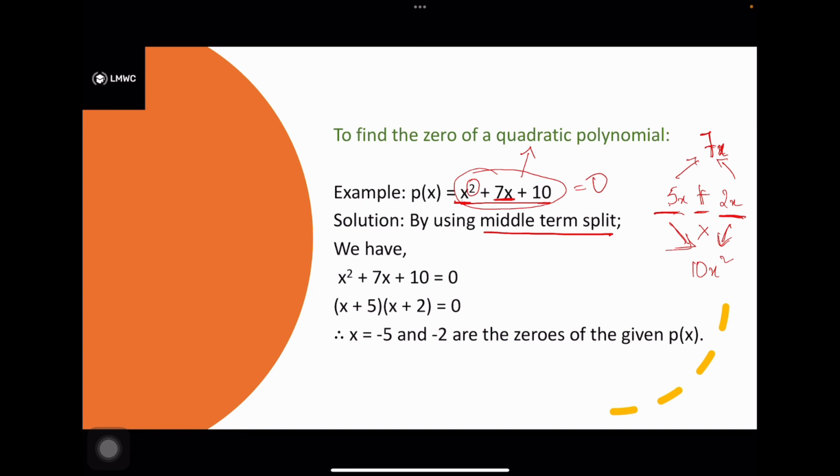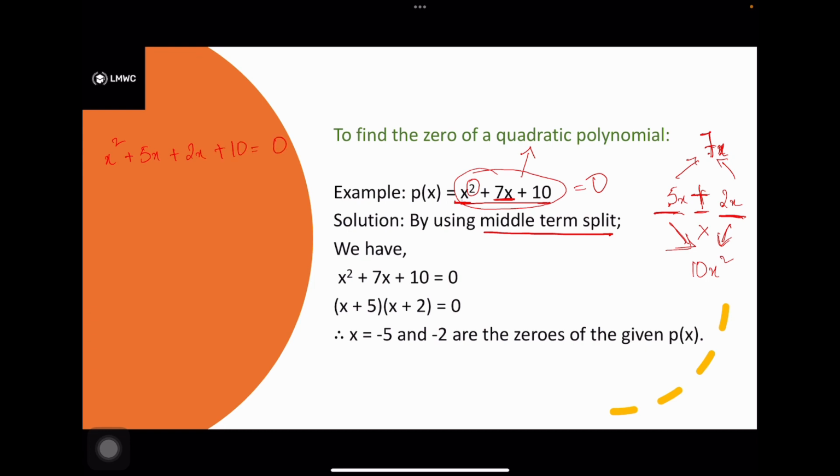If I add 5x and 2x, I get 7x. Similarly, if I take the product of 5x and 2x, I get 10x squared. And hence, I can write this as x squared plus 5x plus 2x plus 10 equals 0.